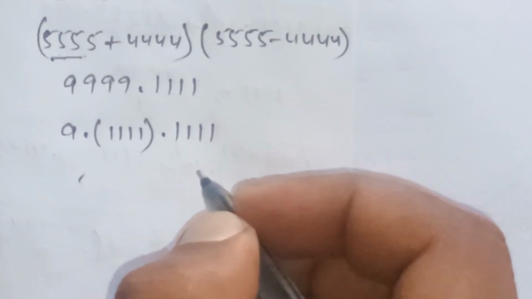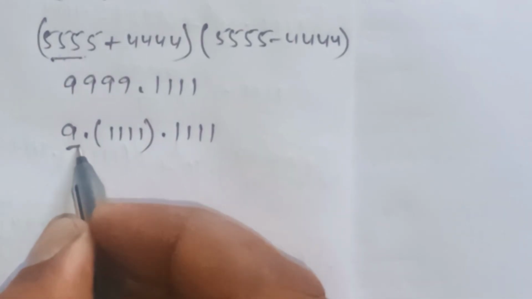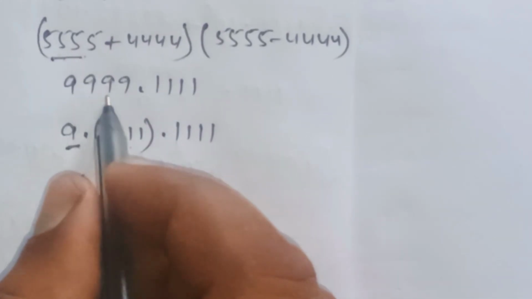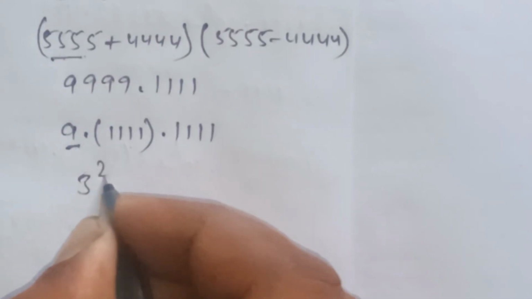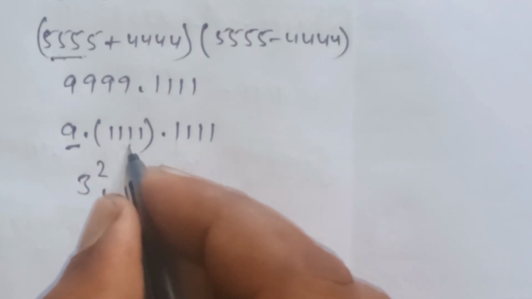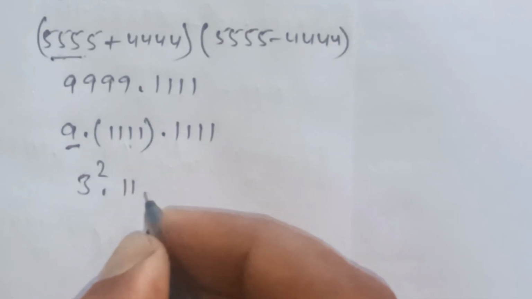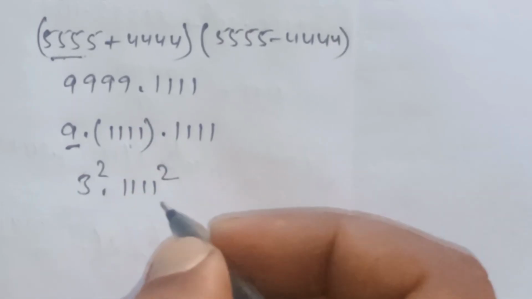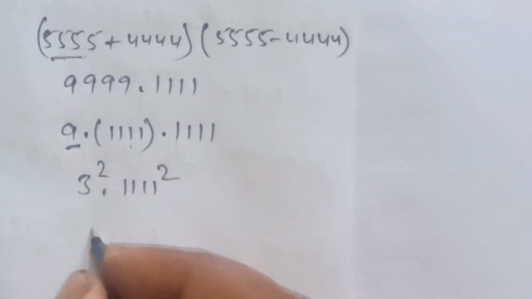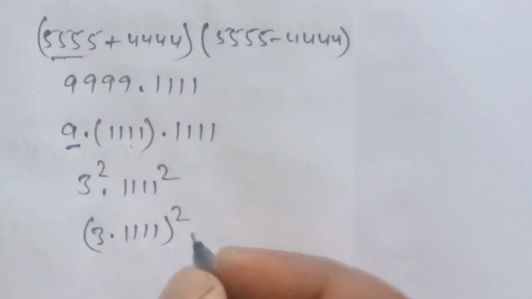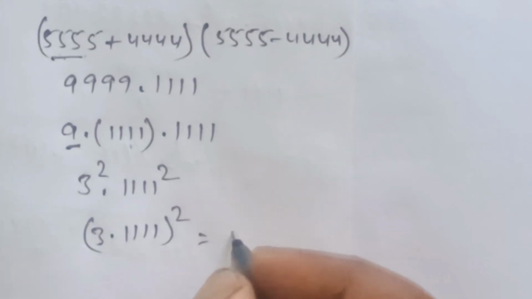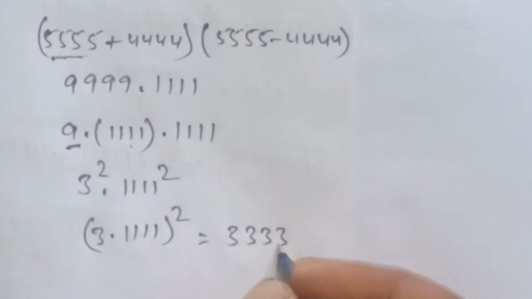Nine can be written as 3 squared, and 4 times 1 means 1, 1, 1 whole squared. So here 3 into 1, 1, 1 whole squared, the value will be 3, 3, 3, 3 whole squared.